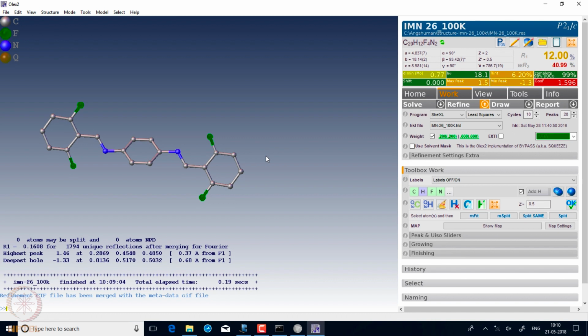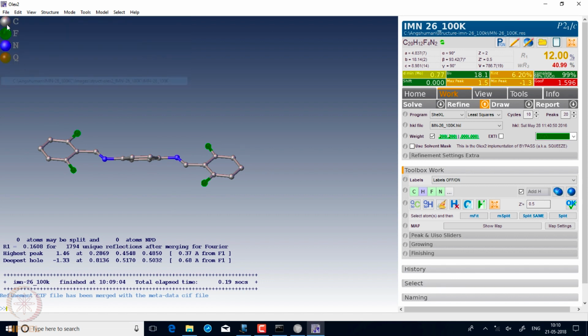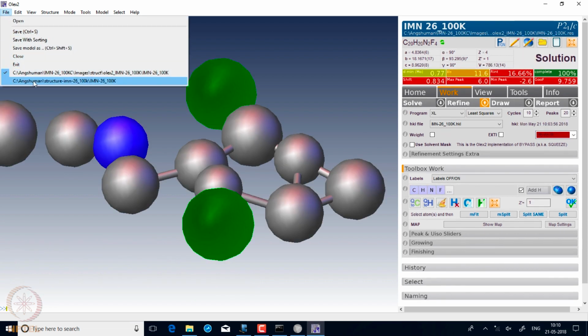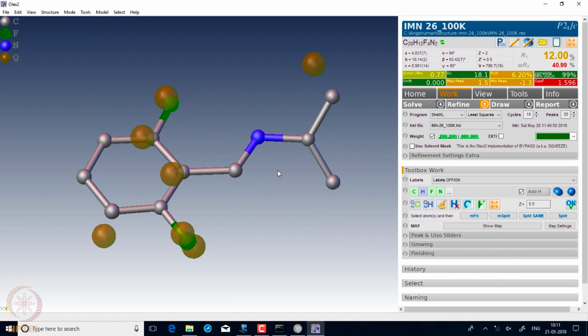But then this particular space group, which is P21 by C, has a mirror plane which is passing through the midpoint of this particular aromatic ring. So here it generates only half of the unit cell. So I go back to my situation where I have half molecule in the asymmetric unit and simply click on that.